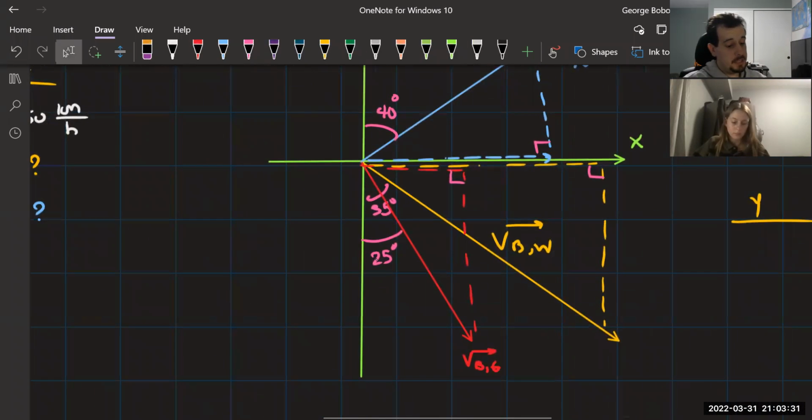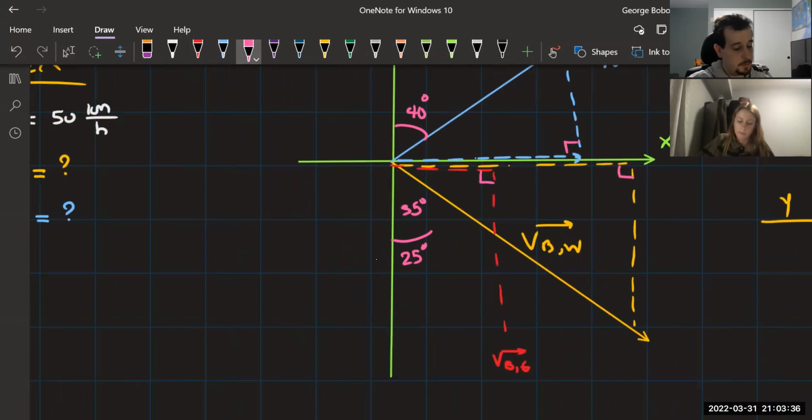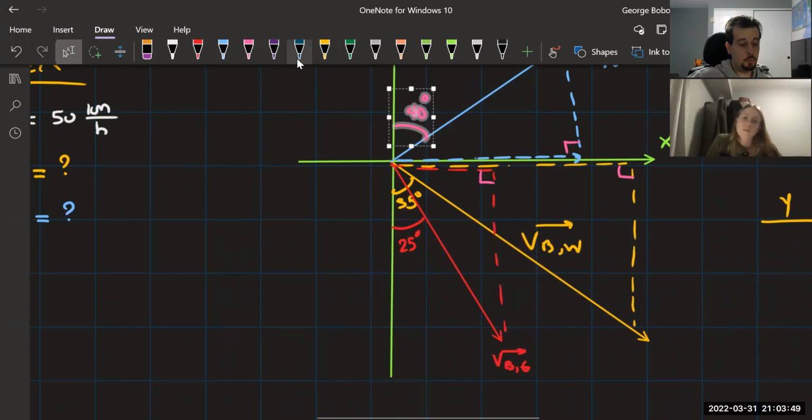With the plus y being upstairs and the plus x being like this, we want to find those components. Now be careful. Look what angles they've given you. They've given you this 35 as the angle that the yellow one makes. I'm just going to help you out a little bit. And this is the angle that the red one makes with respect to the negative y-axis. This one's the blue.